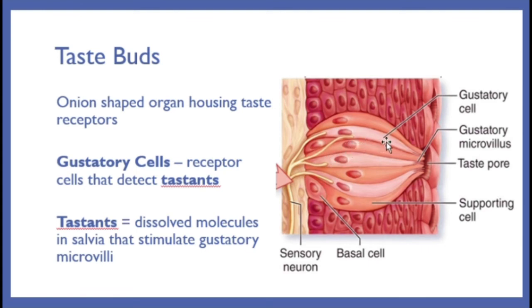Your gustatory cells at the very end have gustatory microvilli. It's here that we have those small chemical receptors that are taking in the taste sense dissolved in the saliva, interpreting the signals that they receive, and sending that in through the sensory neuron back to the brain.